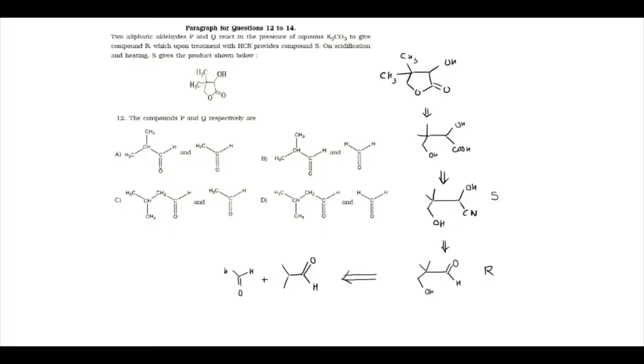Now whenever there is a formation of a cyclic ester upon acidification and heating of a compound, then that compound must contain a hydroxyl group and a carboxylic acid group which have undergone an intramolecular esterification reaction.